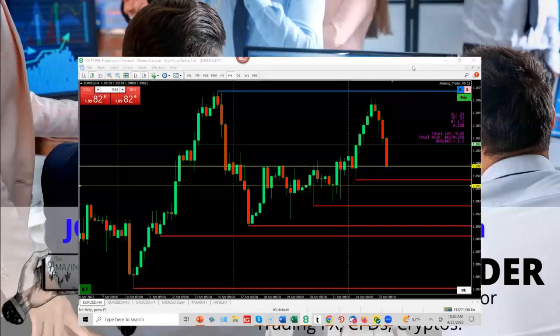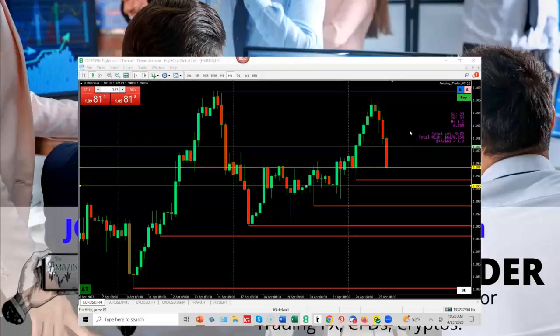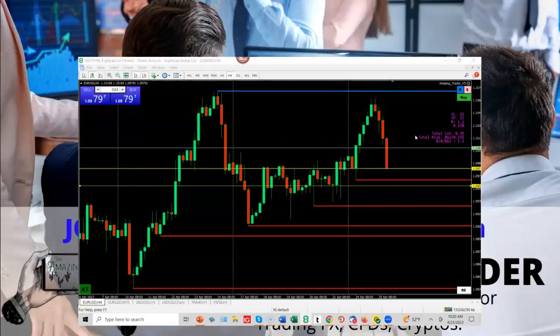And the one currency that's getting the flows today is the yen. So I'm not looking to catch a falling knife here.